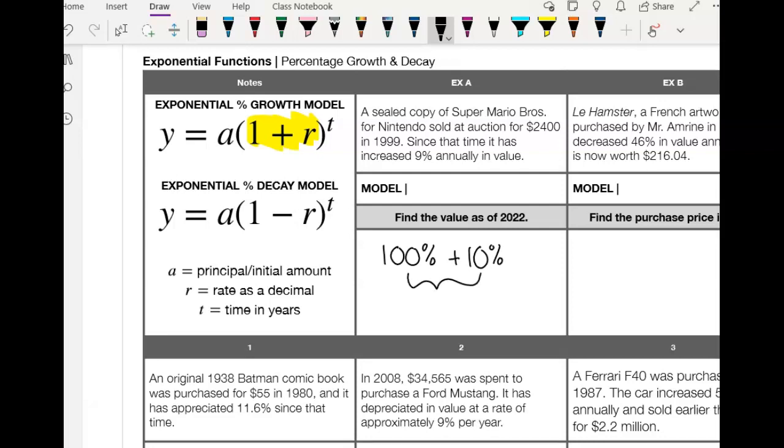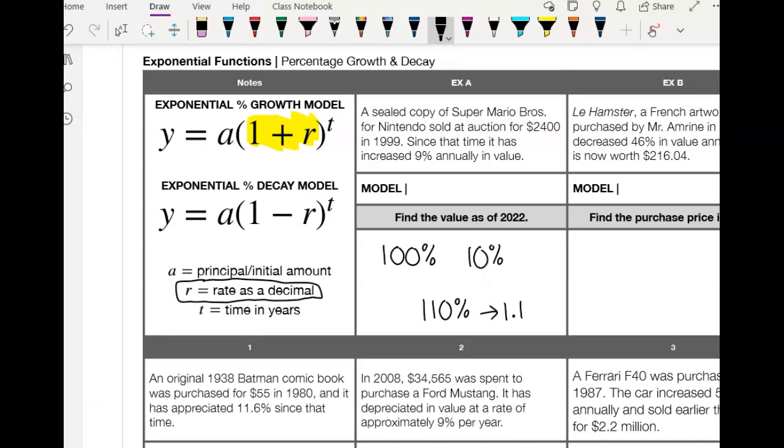So instead of finding 10% and then adding it, we can just say, what is 110%, or 1.1 as a decimal? And that's what that means: what is the rate as a decimal? So we would take that 10%, change it, and add it to the one whole because we're increasing it. We have to pay the original plus more.